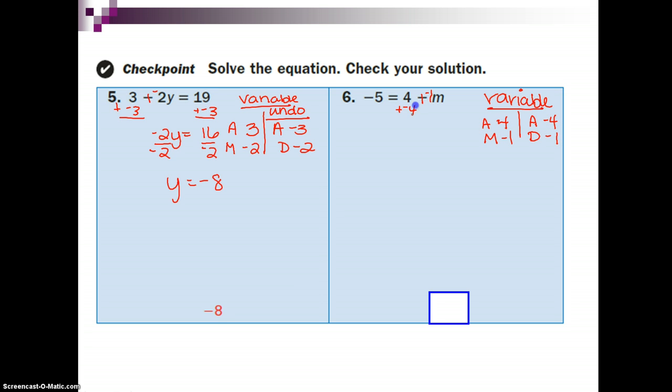So add negative 4, negative 9 equals, those 4's cancel out, negative 1m. I always like to put the 1 there just so I see that number, and I divide by negative 1. You should get m equals positive 9. And again, check to see if that makes sense. And you can see that is negative 5. That checks.